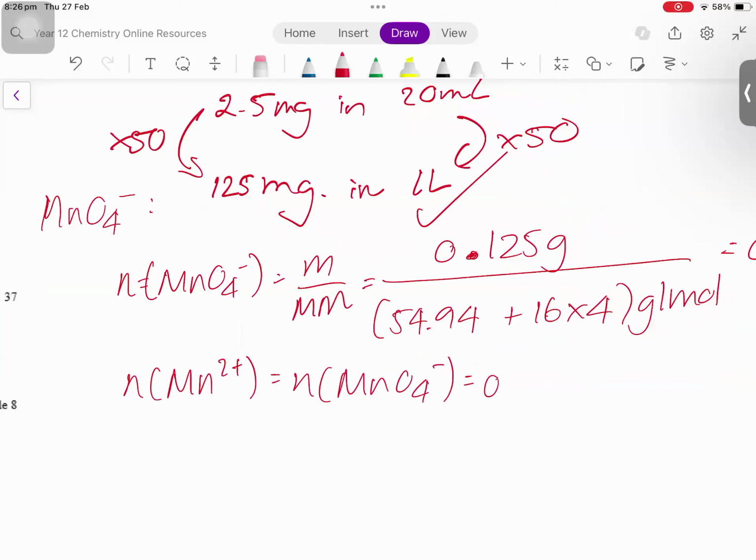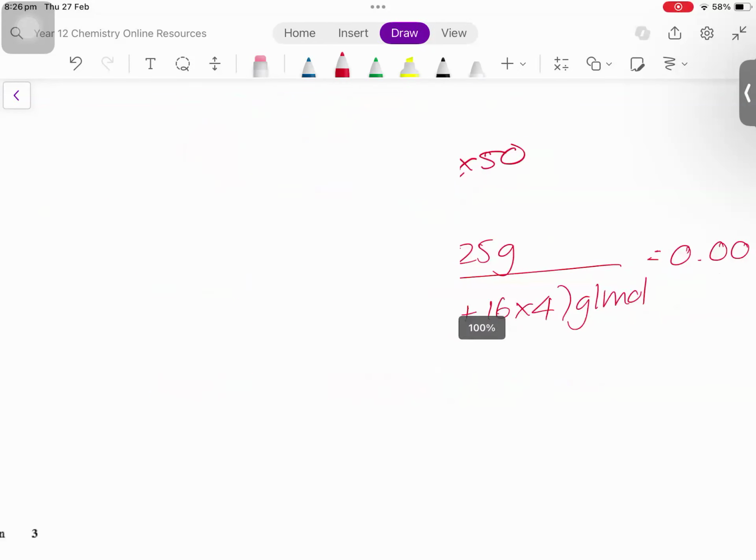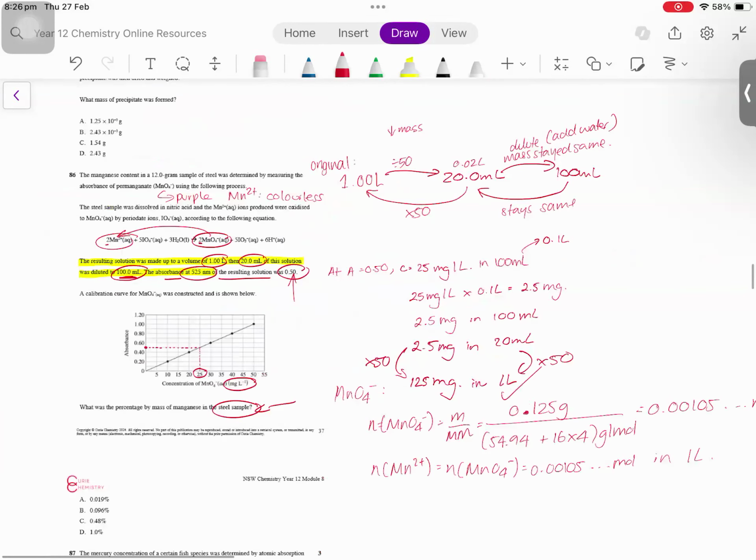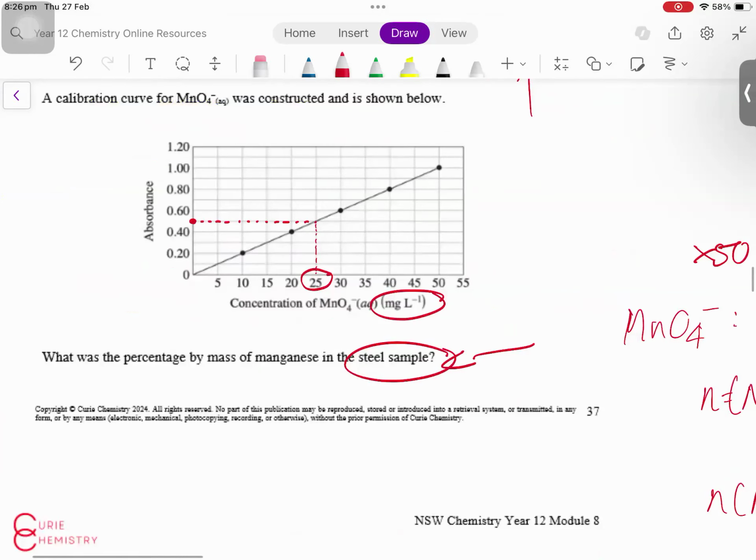So that's 0.00105 mole. Okay, good. That's in your same original 1 liter, because you already got to the correct volume, you just now have to get to the correct chemical, which is good.